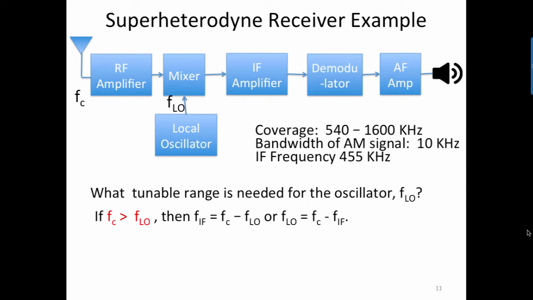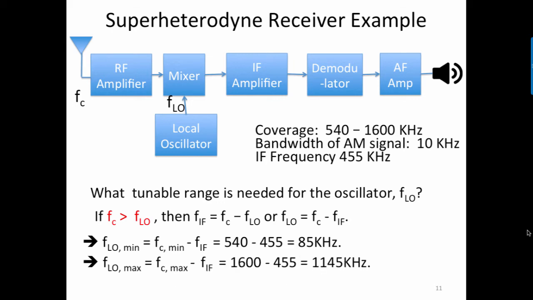Now, FIF must be equal to FC minus FLO, or FLO must be equal to FC minus FIF. Thus, the range of the local oscillator must go from 85 kilohertz to 1145 kilohertz.